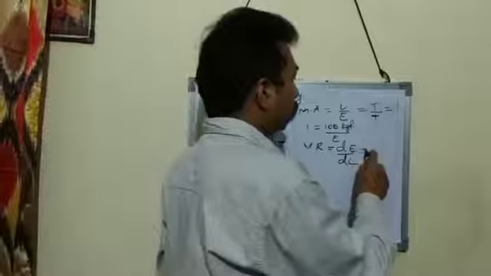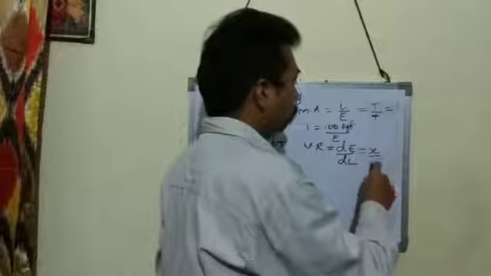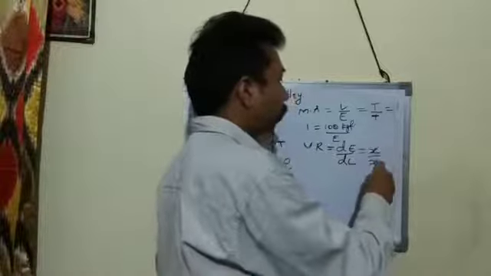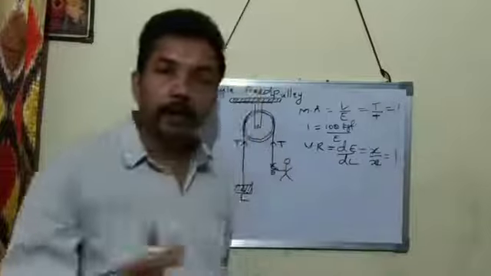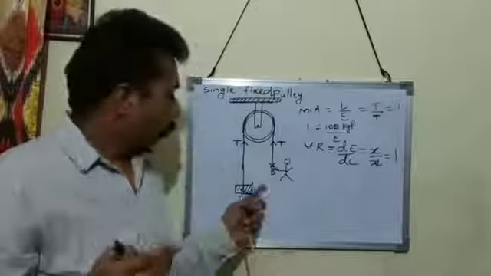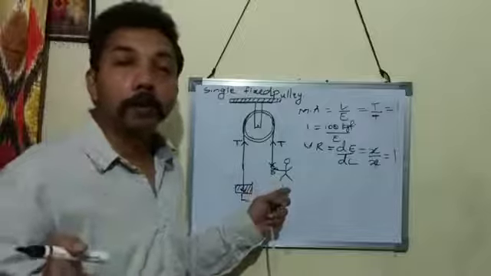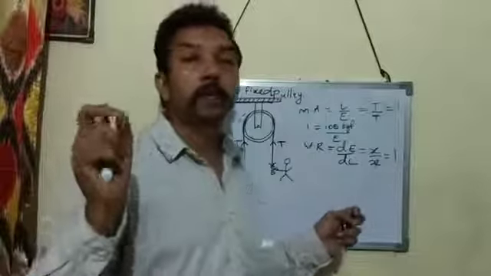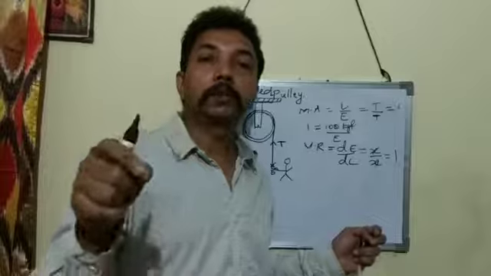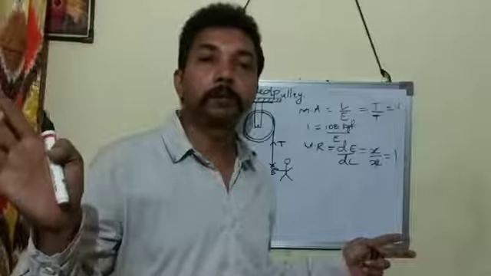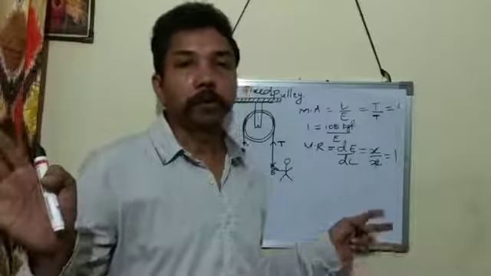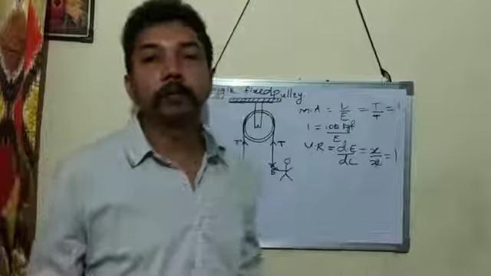So displacement of effort and displacement of load are equal, so that will also come as 1. If you move the effort by 2 meter, then the load will be raised by 2 meter. So this is about the single fixed pulley.